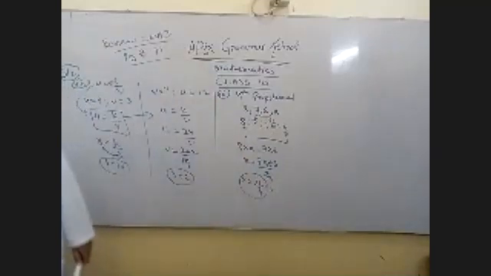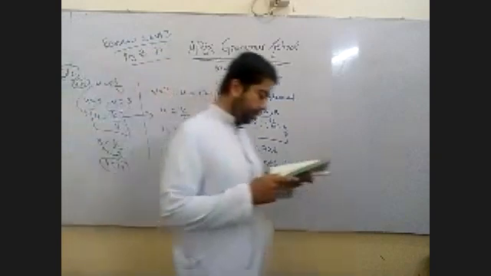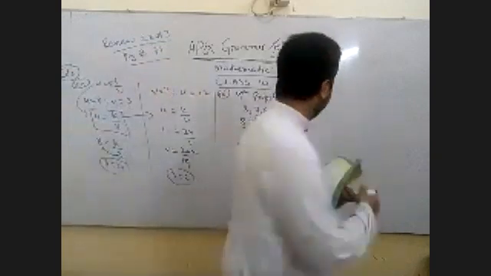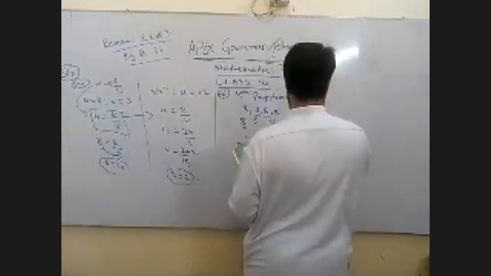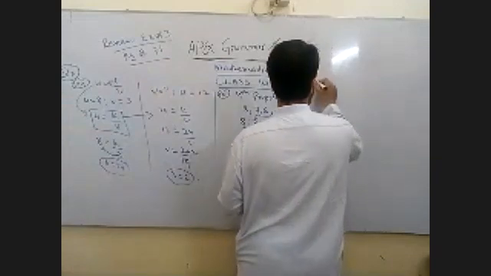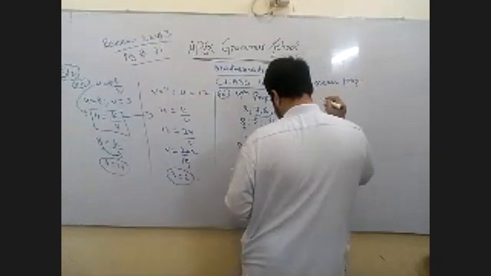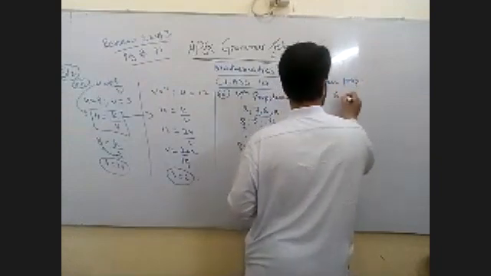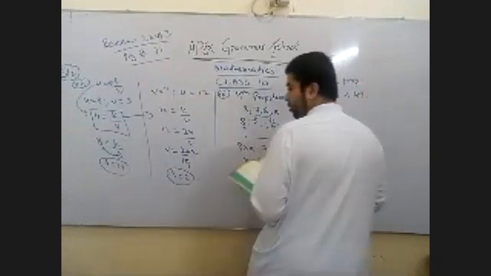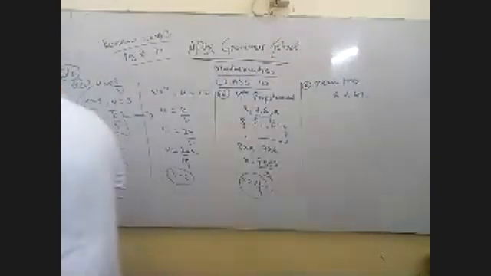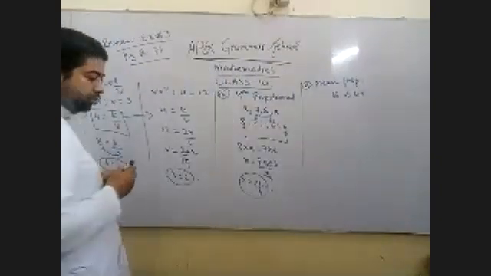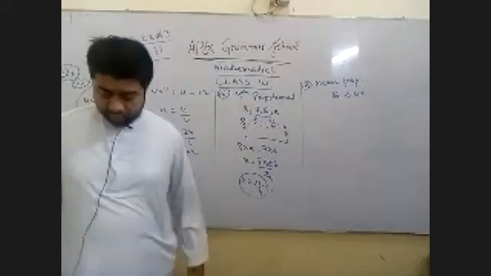Now, part number 10. We need to find the mean proportional for 16 and 49. What is mean proportional?